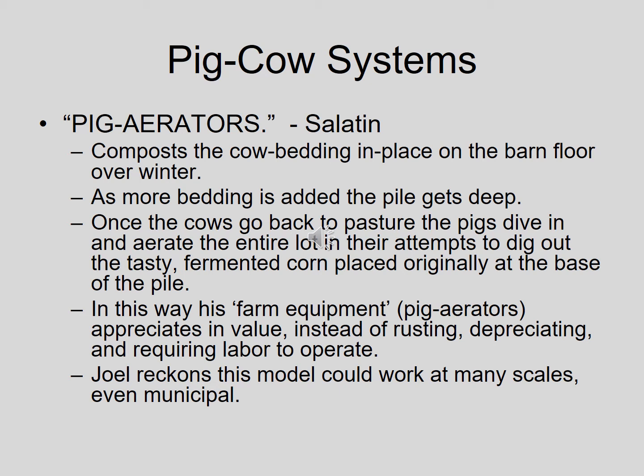And what they do is they're aerating this, and they're helping turn the pile of this green and brown material and get it composting. So in a sense, these pigs are like tractors. They're like farm equipment. Instead of having to work to get all that stuff out of there, the pigs go in there and start the compost process, and this helps the composting of that dung and straw.